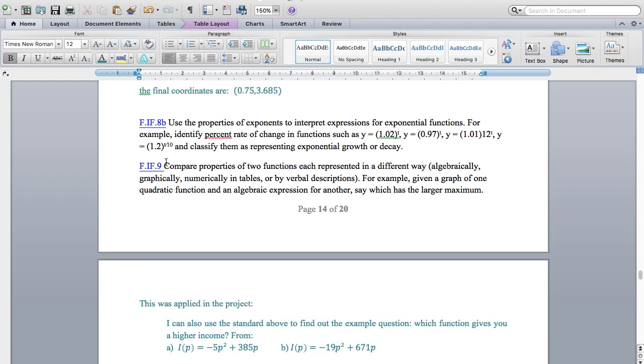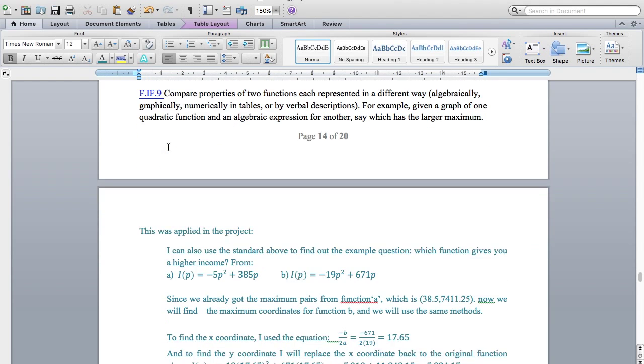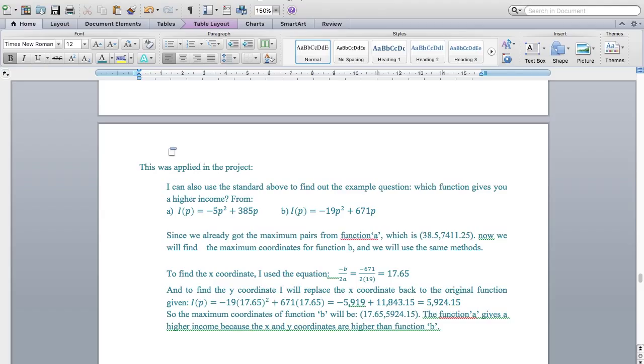Here are both F-IF 8b and F-IF 9. This was applied into the project. And I can also use the standard above to find out the example question, which function gives you a higher income from this quadratic function and this.